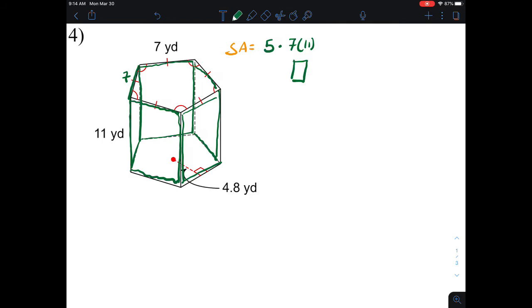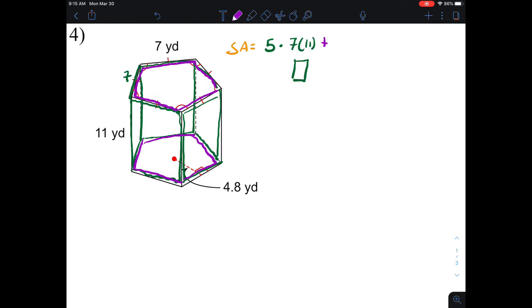Now I am going to look at the bottoms and the tops, which are the same shape here, a pentagon. And so we have to find the area of one of these pentagons.